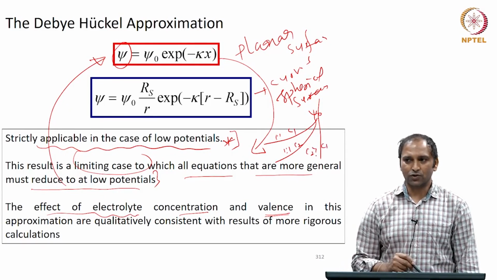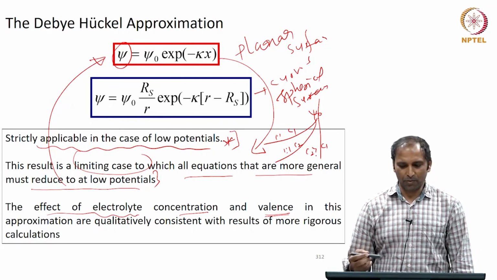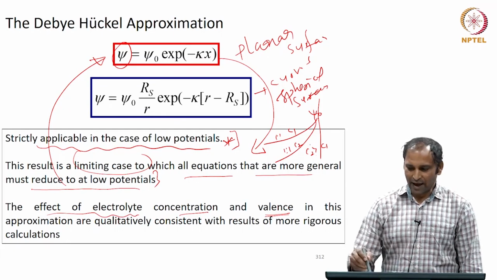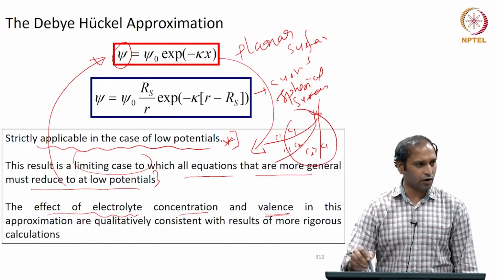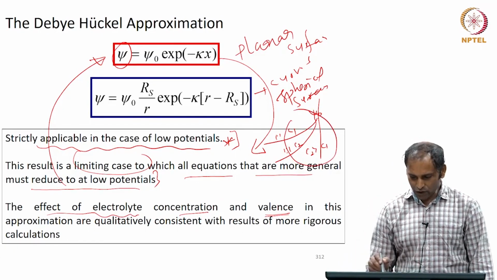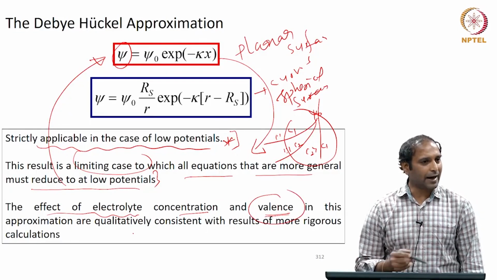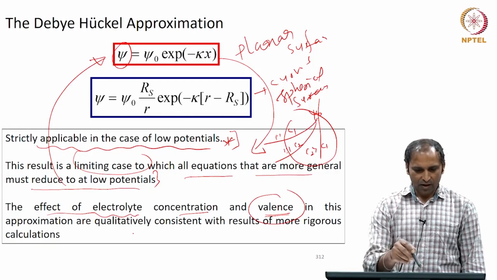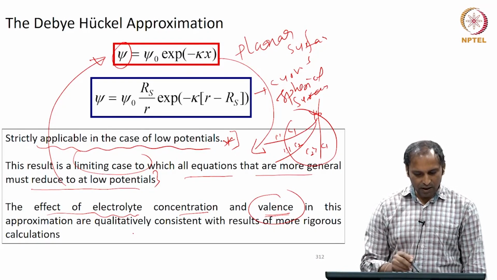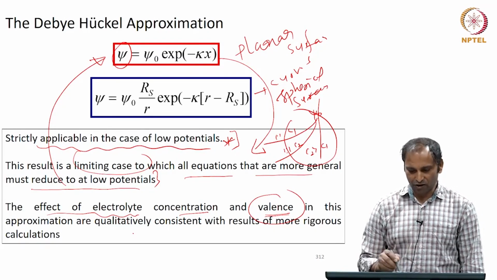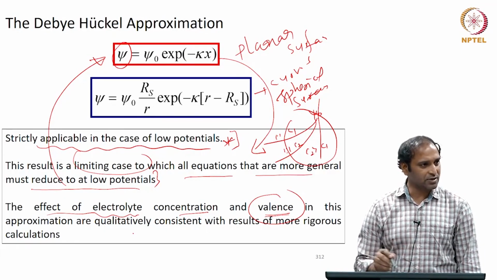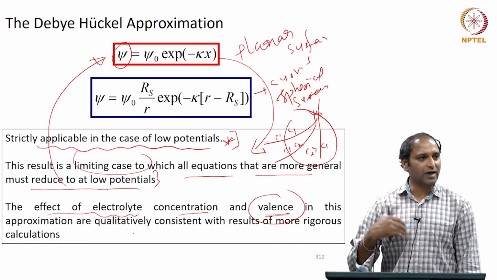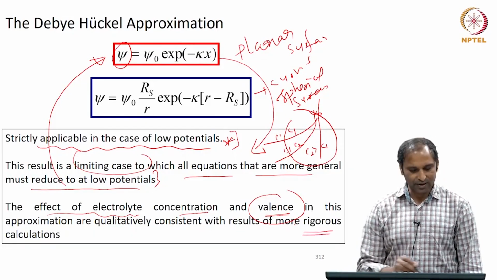There is a particular way this potential will vary with distance as you change the concentration of the salt, or as you change the valency of the ions that you have put in the solution. So in the limiting cases, these still capture the variation of psi naught with separation distance in a consistent way, which is also captured by more rigorous calculation.